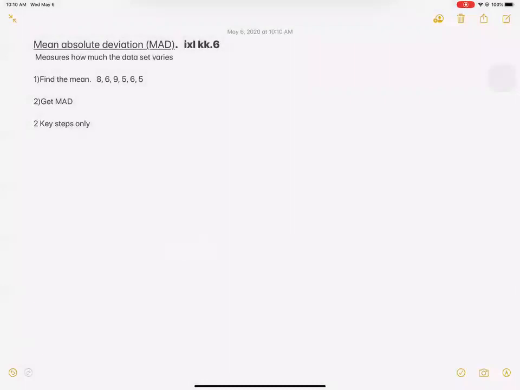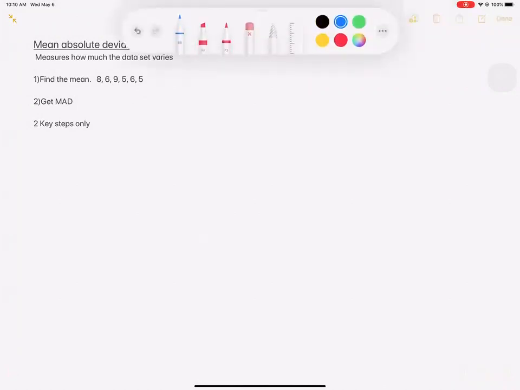Okay, so we're gonna do this. It's really only two main steps, two big steps, and they literally are in the title. Okay, mean. So let's go and find the mean first. So I have a set of numbers, 8, 6, 9, 5, 6, and 5. So I'm gonna go ahead and add those up and divide by the number that we have.